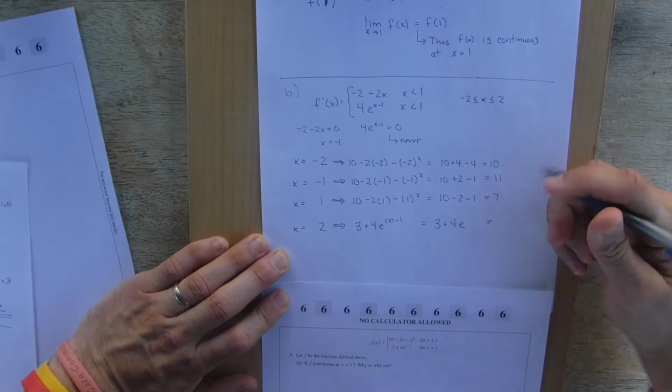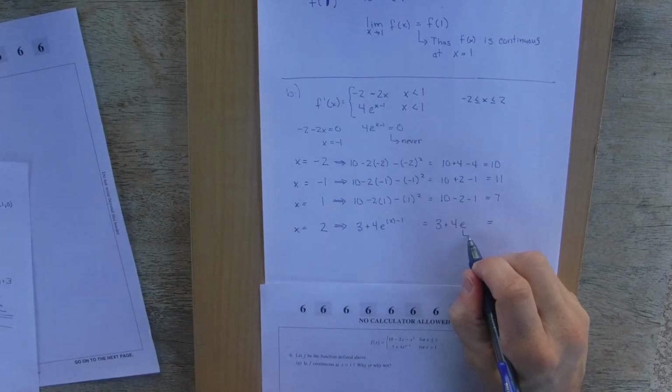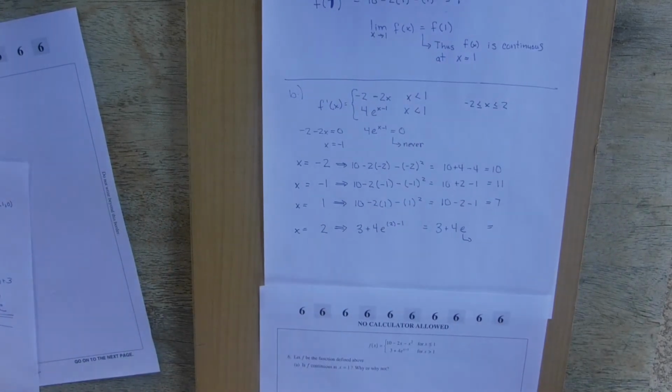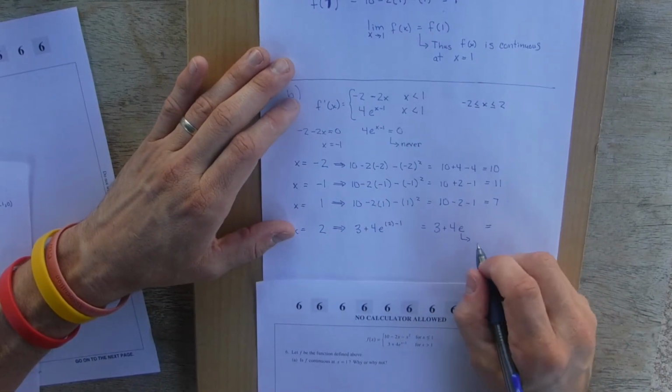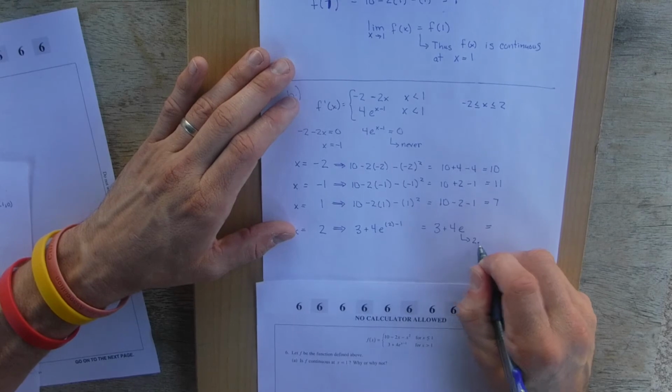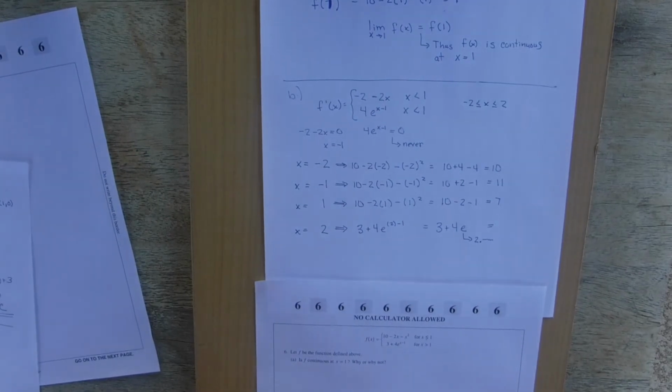Well, if I need to put a number to e, you are allowed to use a calculator, so you can type that pretty quick. That's e to the first power. But what I think of is it's 2 point something something something.